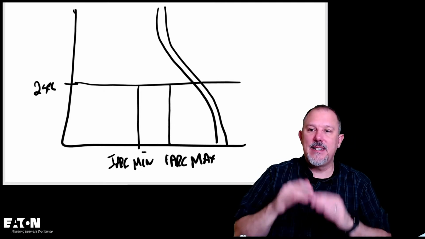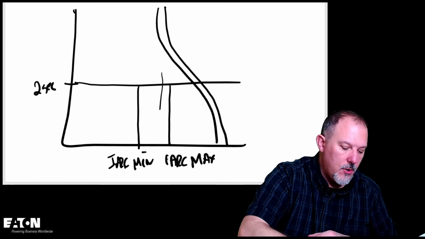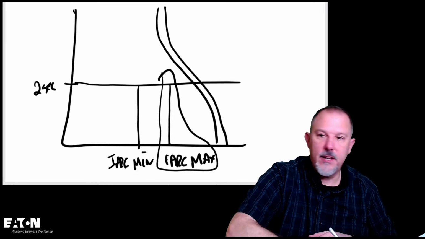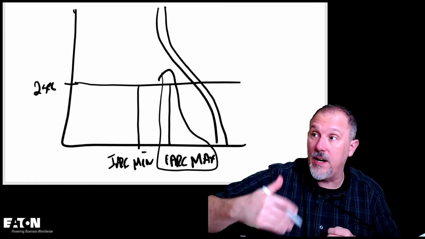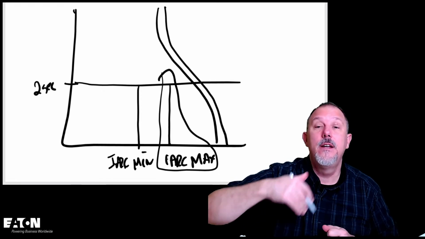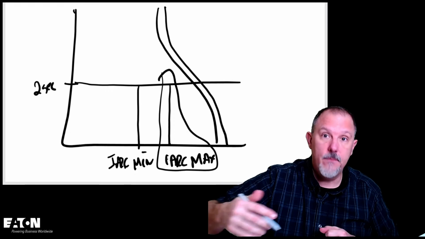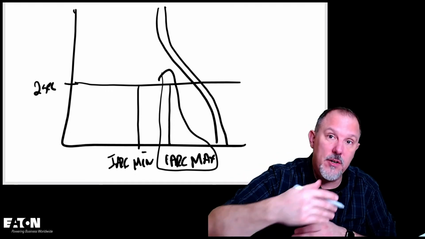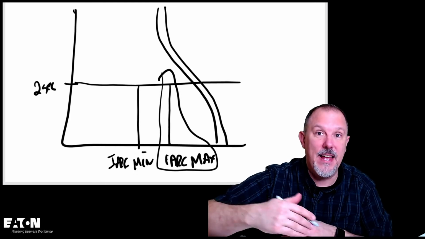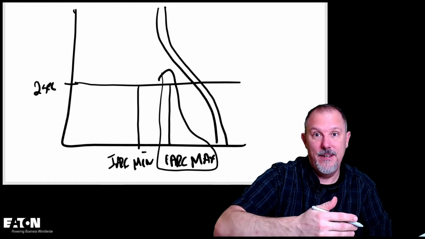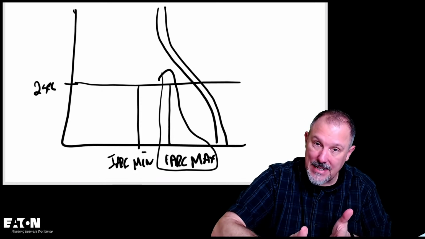The clearing time is exactly the same. So the calculation will be based upon the maximum arcing current, which is 21,950 amps. At 2 seconds, that is going to give me a higher incident energy than 19,250 amps of arcing current at 2 seconds. Make sense?